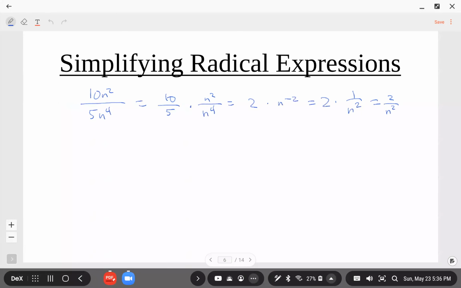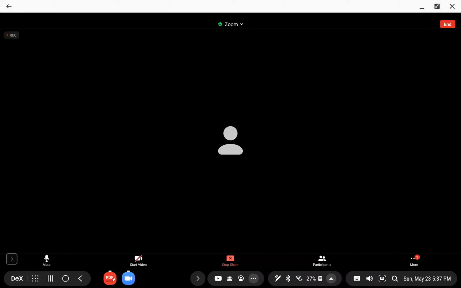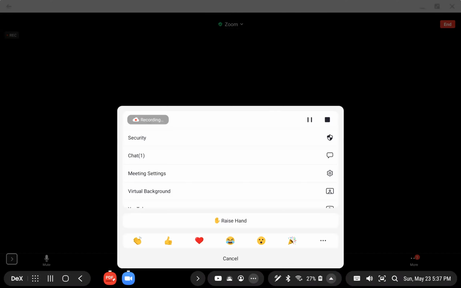Why can we not have the denominator equal 0? Because anything divided by 0 is undefined, right? It's undefined. So we cannot have that.